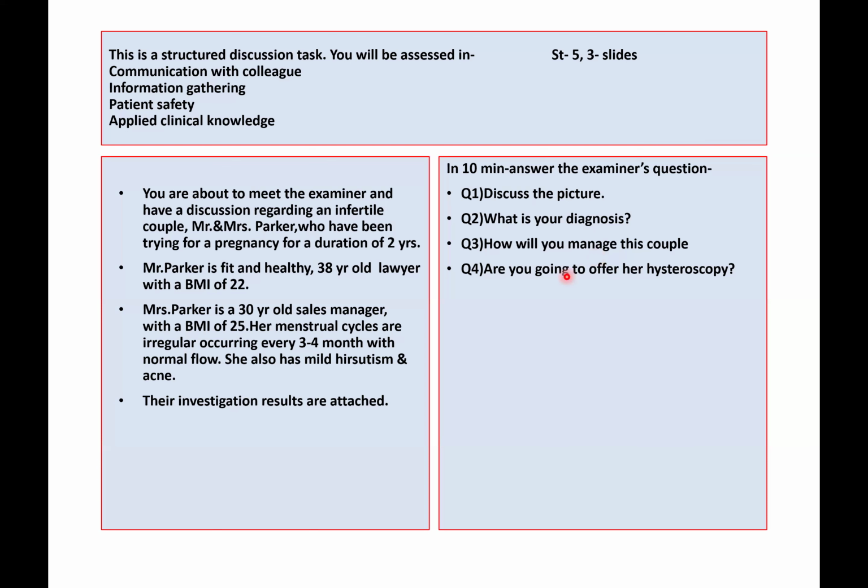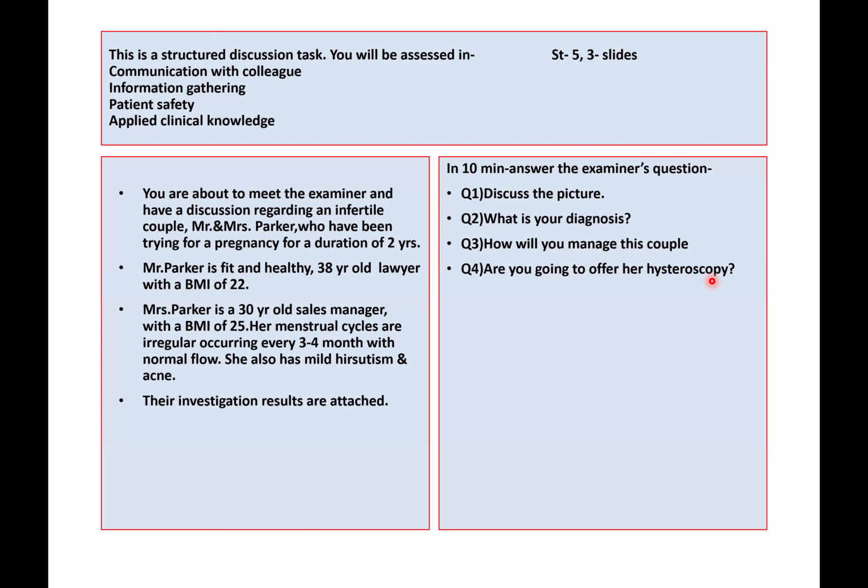Okay. And are you going to offer her hysteroscopy? Yes, regarding her hysterosalpingogram, I can see that there is a dip on the top of the uterus. So it could be due to arcuate uterus or septum. So I need hysteroscopy for that to see from the inside. If it is arcuate uterus, that would not cause much problem.